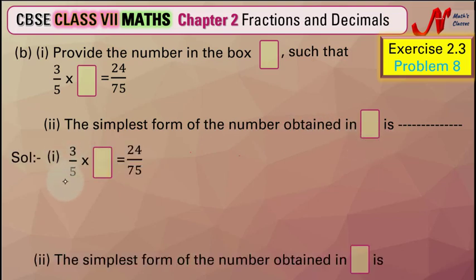By observing the given problem, we can write the numerator 3 into 8 is equal to 24, and by multiplying the denominator 5 with 15, we get the denominator 75. Therefore, 8 by 15 is the required fraction. So the simplest form of the number obtained in the box is 8 by 15. We do not have any common factor, so 8 by 15 is the simplest form.